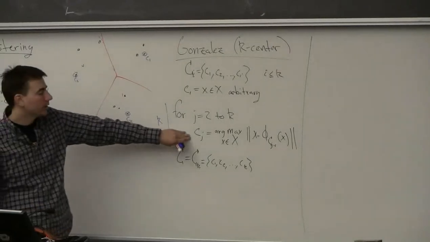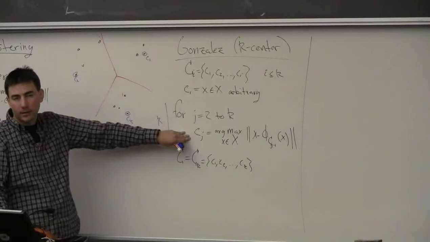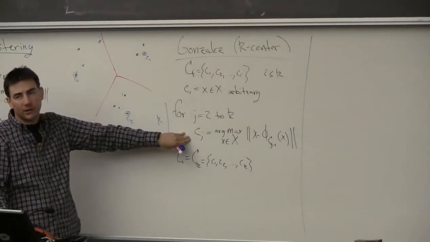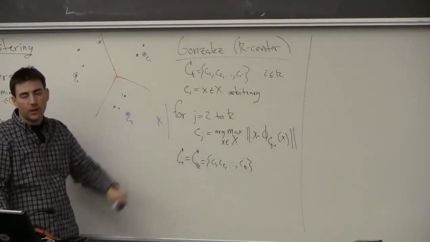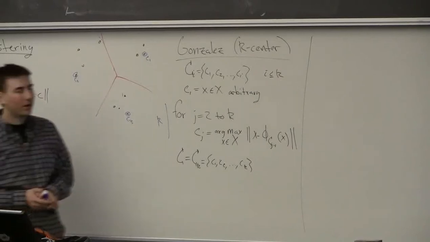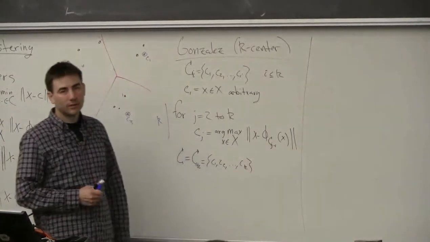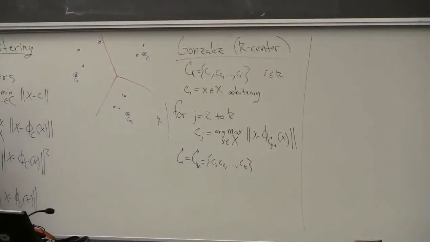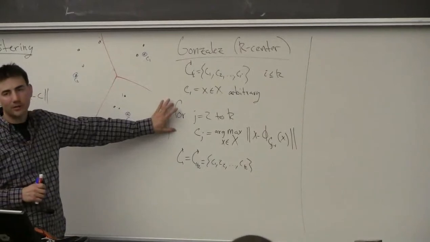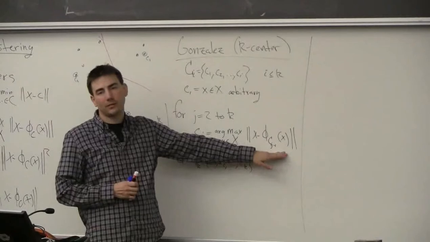How long does this take to calculate? To find the point that's furthest away from its assigned center. But in order to do that, I also need to know what is the right assigned center. It turns out you can do this in basically n time, but you need to be clever because I don't know this assignment ahead of time.